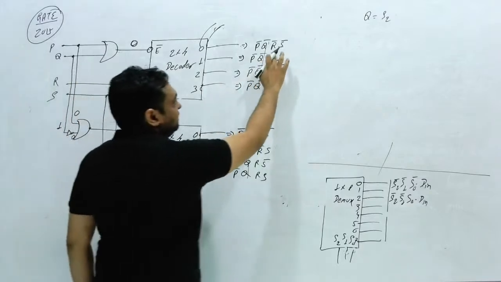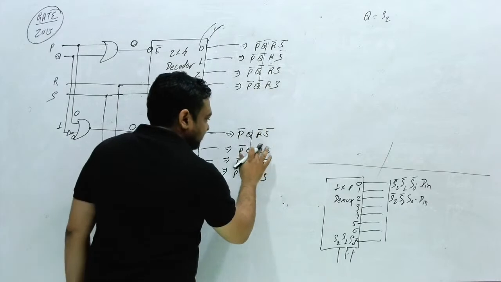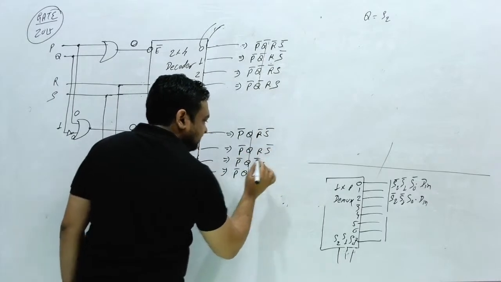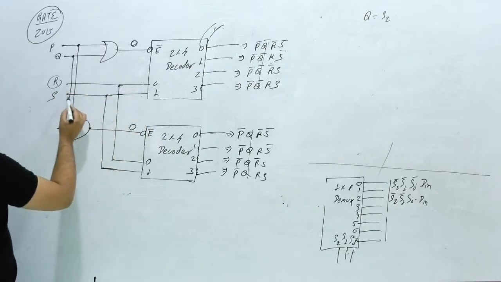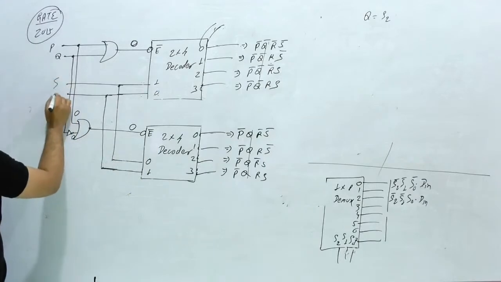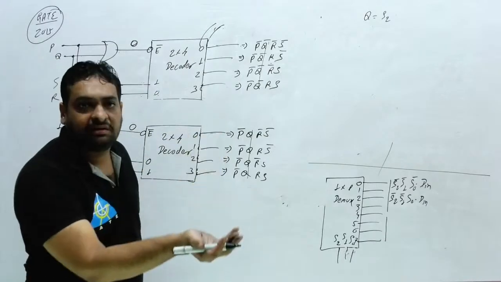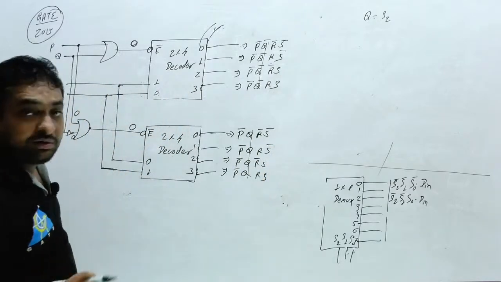So please change this. This is R S bar and this is R bar S, because this R is 0 and S is 1. You should write like this. This is 1 and this is 0, and this is S and this is R. So first you should write S then R. Clear the thing? Okay, we have made mistakes here.